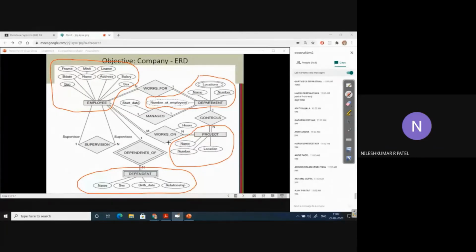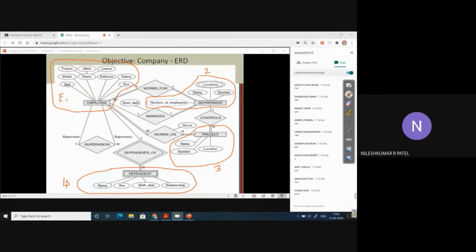How do we want to go? We want to go piece by piece, and ultimately connect these pieces together. This is entity type 1, entity type 2, entity type 3, and entity type 4. Now we want to connect them together. Now you know total participation and partial participation, and you know the different cardinality ratios.